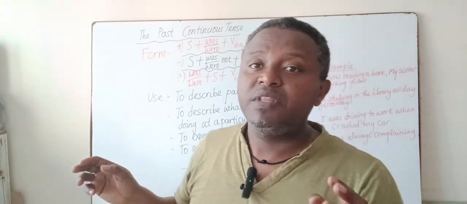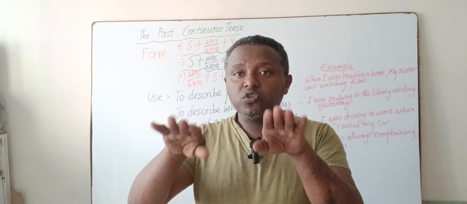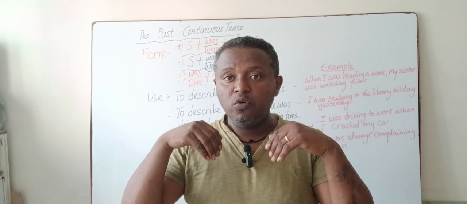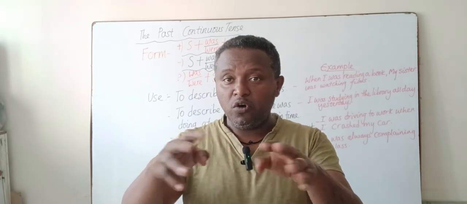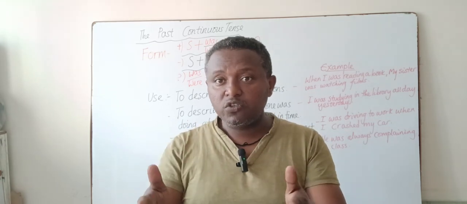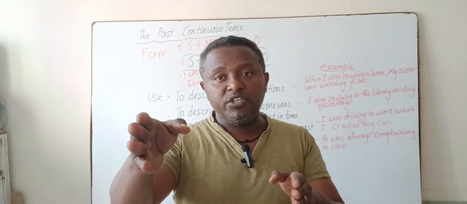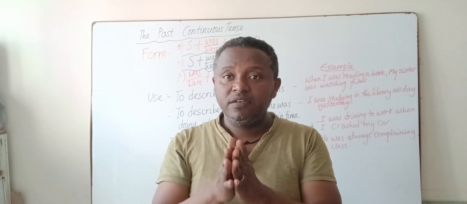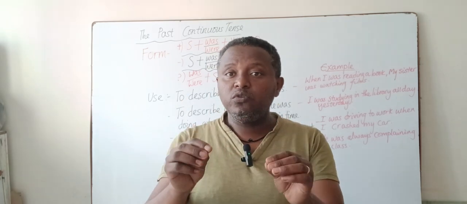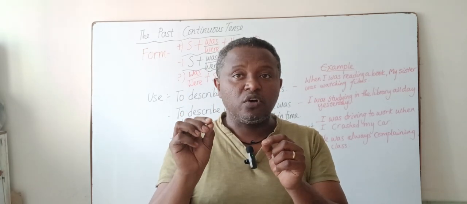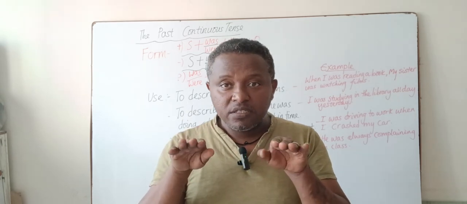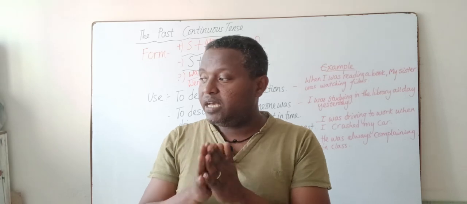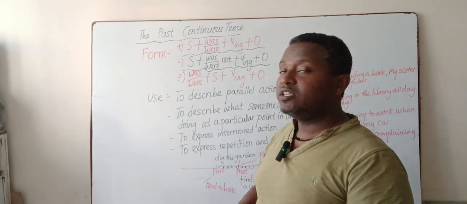In this case, both actions can be long enough to go parallel for a long time, or one continues for a long time and the other stays for a while and finishes. So we use the past continuous tense to talk about actions that took place parallelly in the past. So that is the first use.